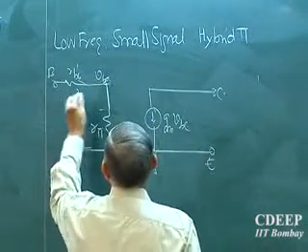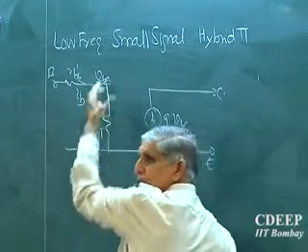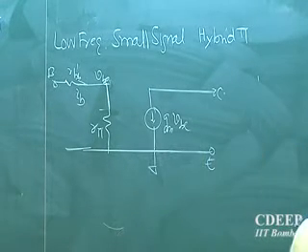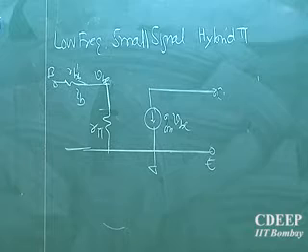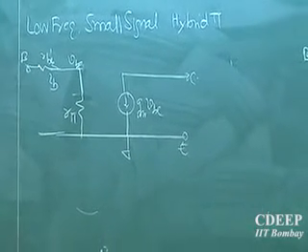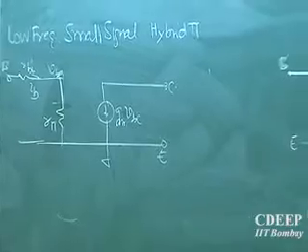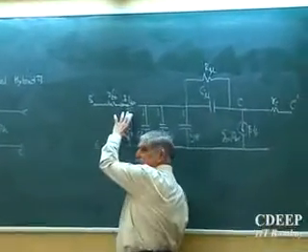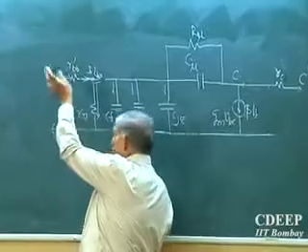This is the IB current, IB into R pi, so... Yes, no, it is like this, you are right, part of the voltage, but these impedances are normally compared to R pi, maximum current, you are right, will flow through this. So the drop across flowing here, what he is saying is true.